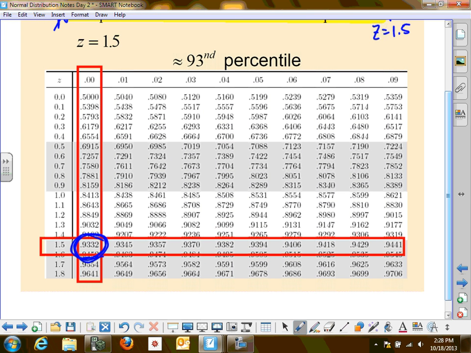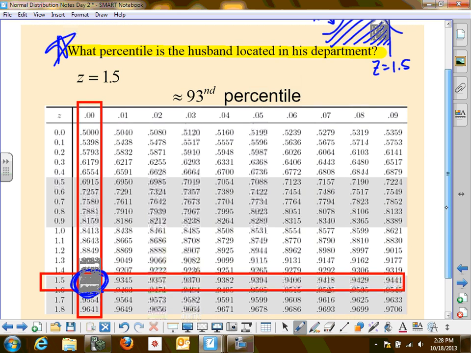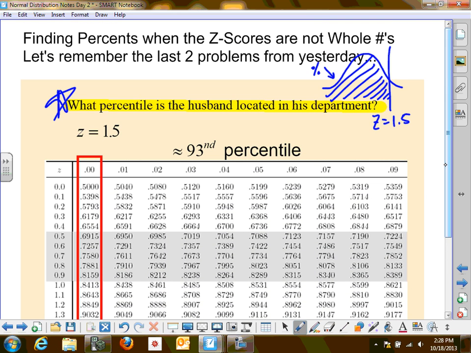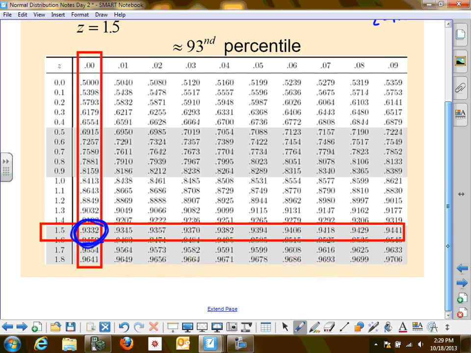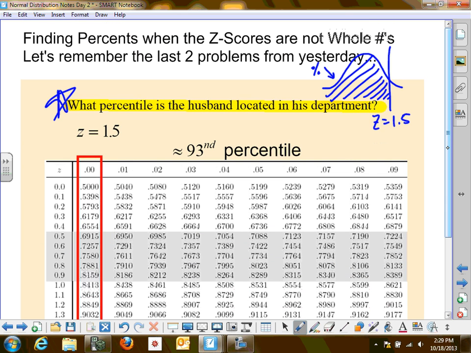So what percentage is below him? Good. 0.9332. So this could also be translated to 93.32%, if you want to think about that as a proportion of his department.